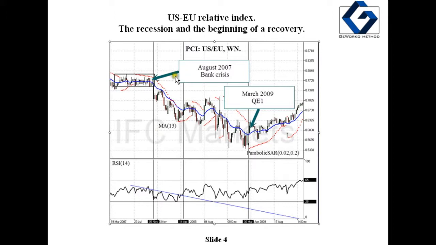For example, if we look at the technical indicators, we will see that the leading RSI indicator shows bullish divergence in April 2008, and this is the first stabilization sign here. Please note that the relative index has a definite advantage over the analytical index of the United States.